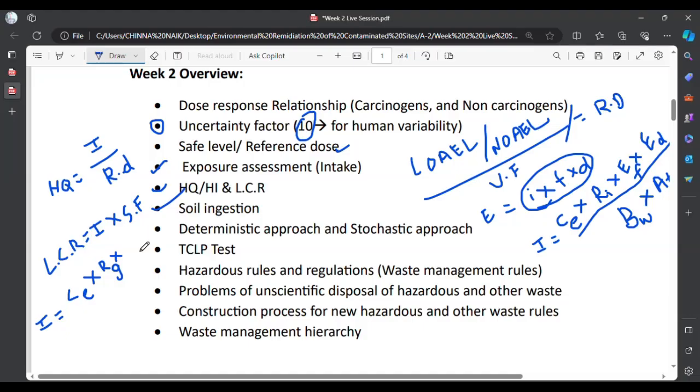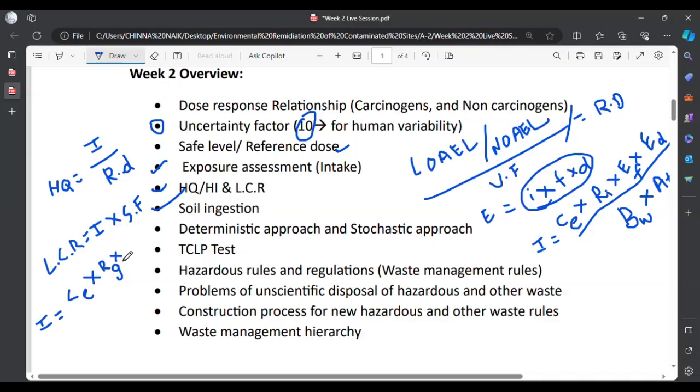By dermal contact or ingestion or inhalation, with these contacts there are chances of ingestion of this contaminated soil by the human being. So that represents the soil ingestion rate, milligram per day.